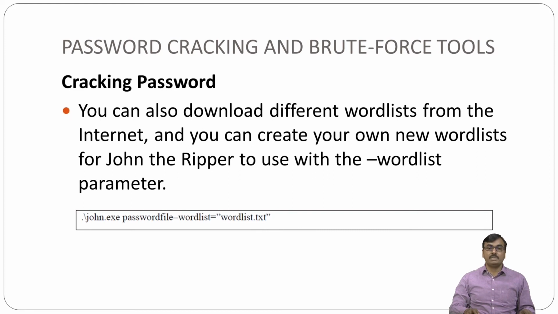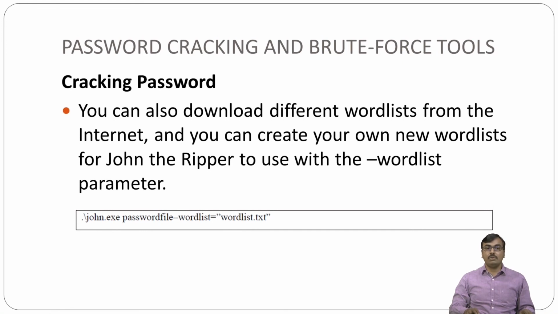It might contain hash values as well as normal plain text passwords, and through that list, the second mode of JTR, that is word list, can crack or match the password. So this is the second mode in JTR cracking passwords.